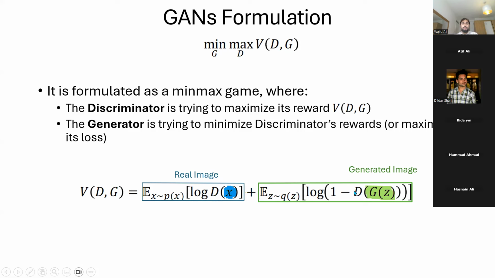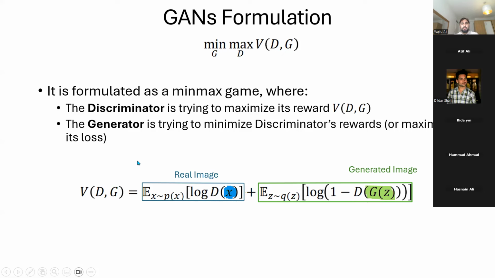If we give it to the discriminator, it will give us a probability that these features, this G of z, belong to the real class. These are for the fake images, because the discriminator can easily distinguish between real and fake data. So initially this one would be very low, this one would be high.